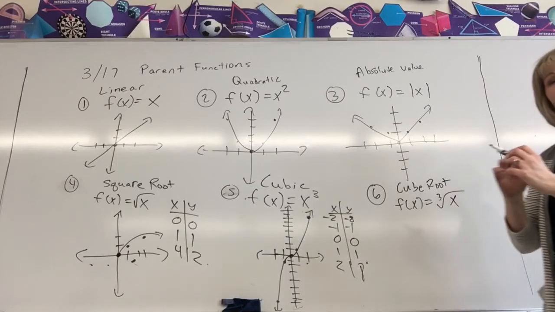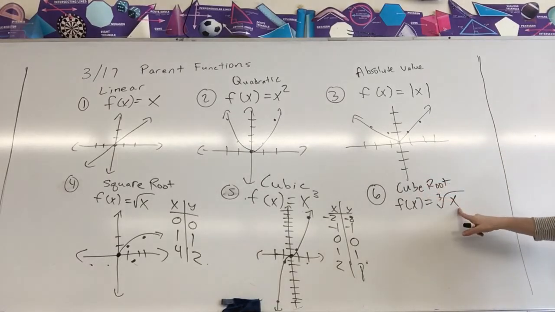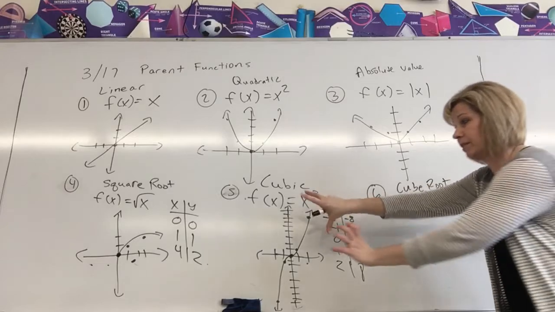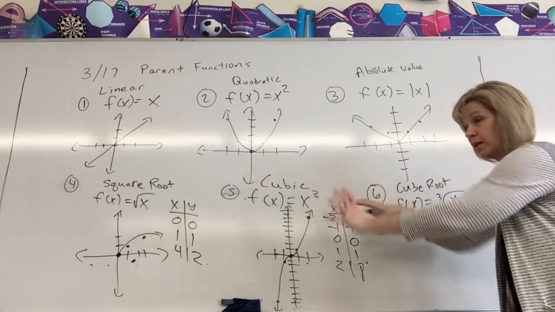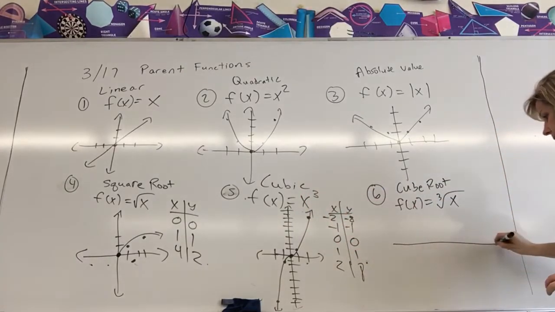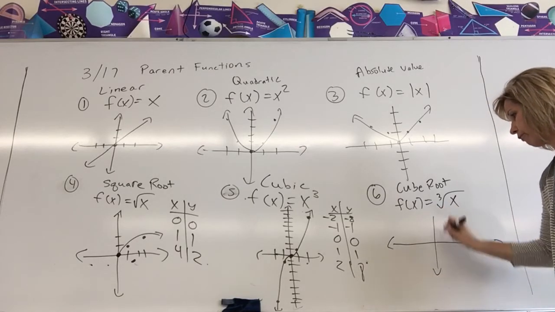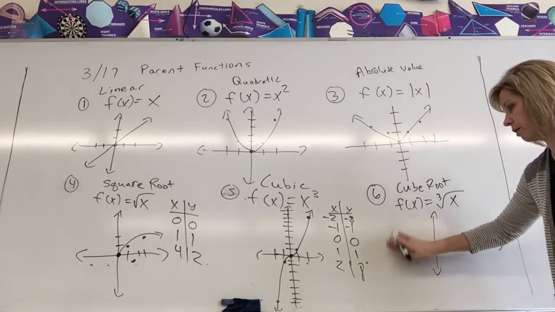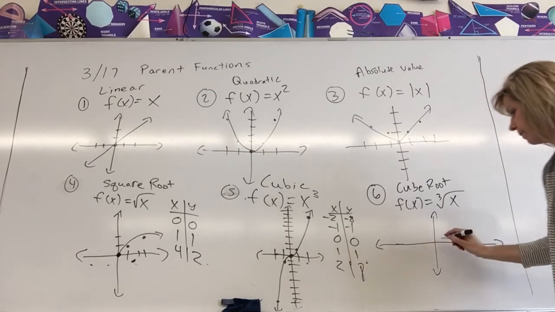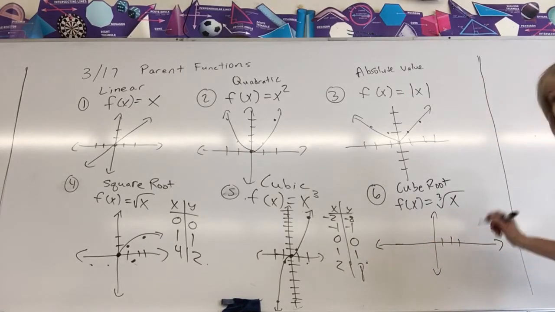Again, think about perfect cubes. What's a perfect cube here? 8. So you're going to have this graph, but it's going to be inverted. So when you're planning your graph for now, to put it on your graph paper, you're going to need 8 on the x-axis in either direction.